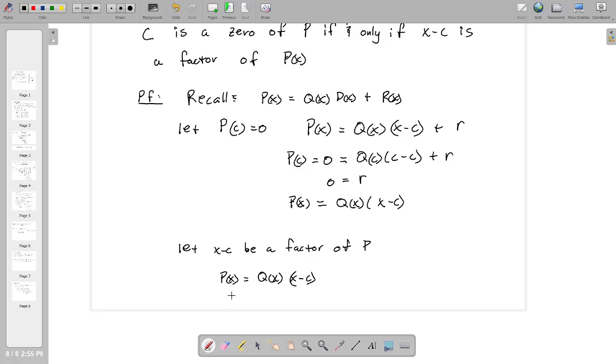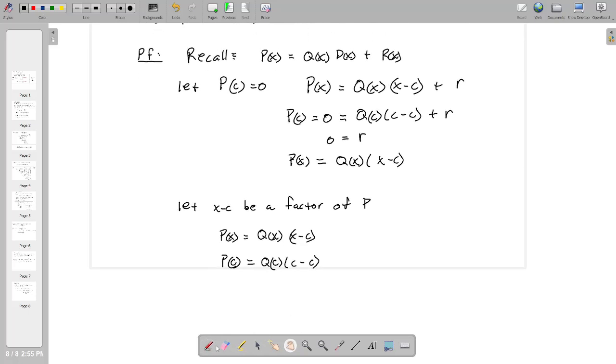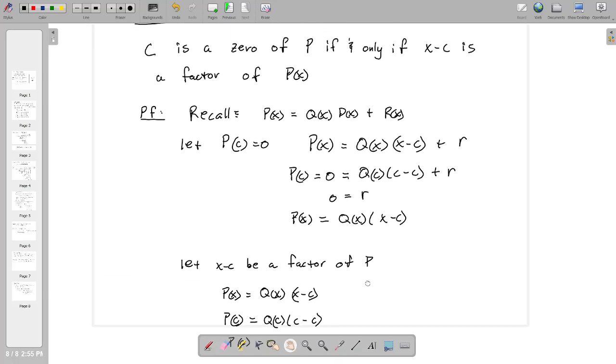Right? Now if we just plug in p of c, we'll see that we get q of c times c minus c, which then gives us a 0, because c minus c is 0, so we would end up with p of c is equal to 0, which then means that c is a 0 of p. So we've shown what we needed to.